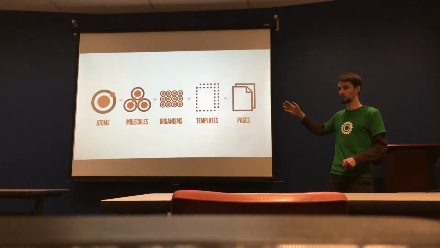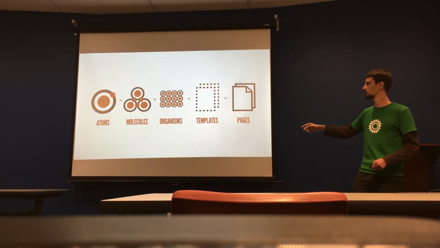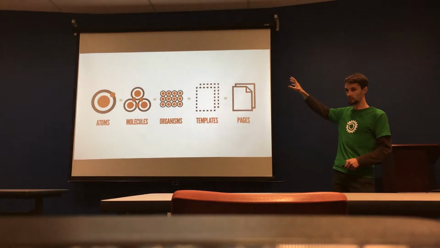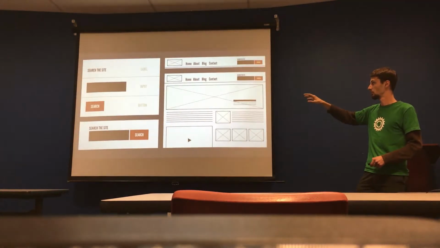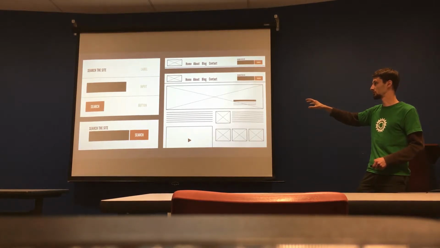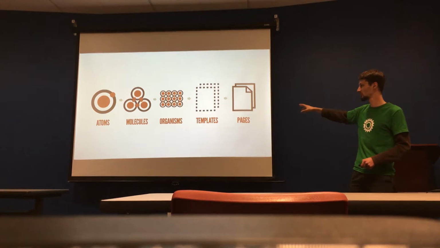Atomic design is another major concept. Anybody familiar with atomic design? Okay, so what I talked about with templates earlier, atomic design really breaks down UI into atoms, molecules, organisms, templates, pages.